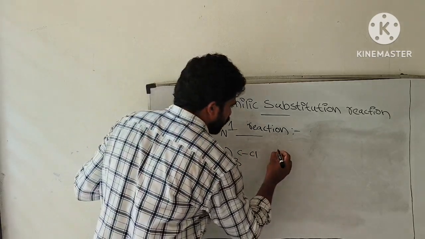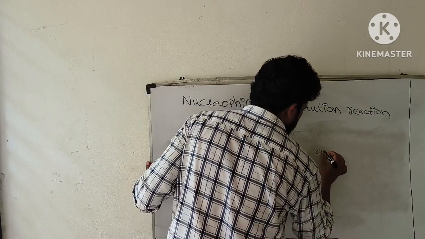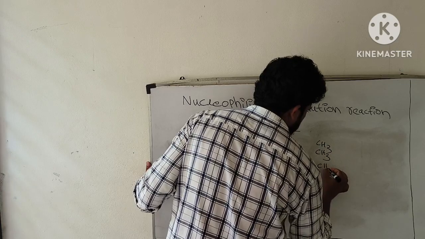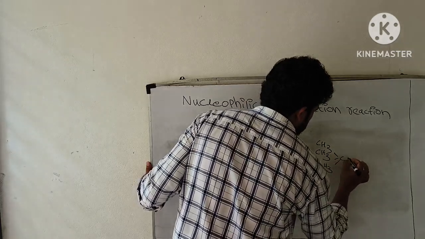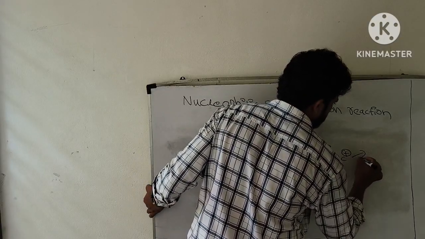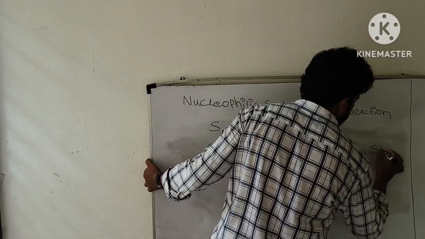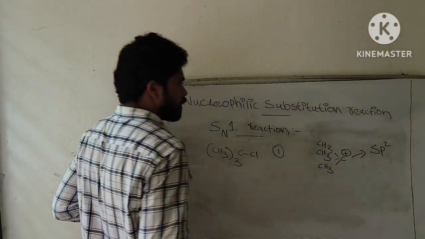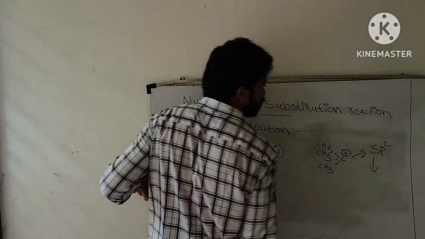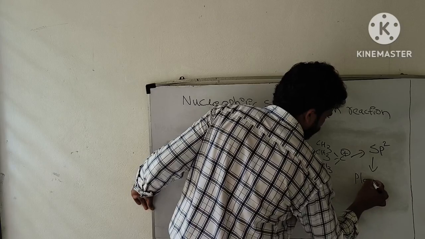the first step is the formation of tertiary butyl carbocation, that is CH3, CH3, CH3, C plus. Actually, dear students, the hybridization of tertiary butyl carbocation or any carbocation is sp2 hybridization, and you know the shape of an sp2 hybridized carbocation is planar.